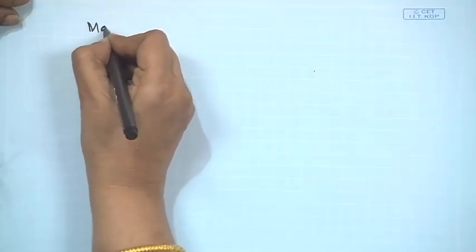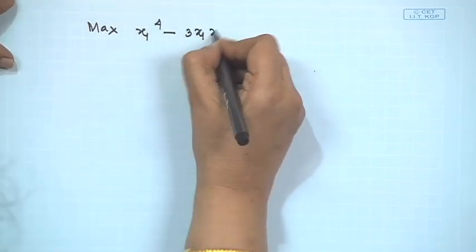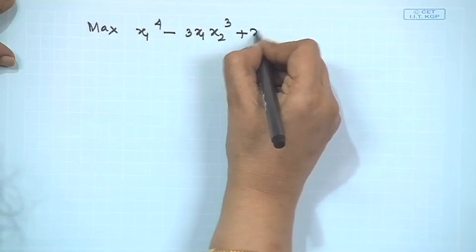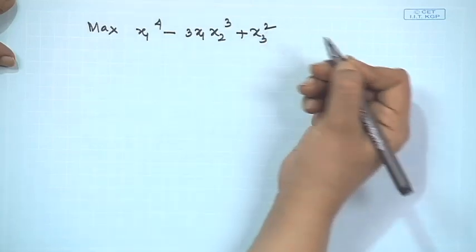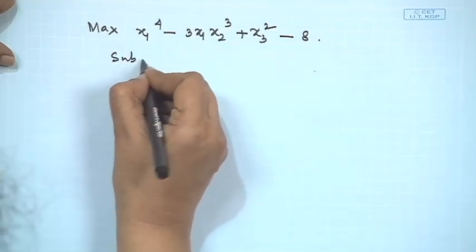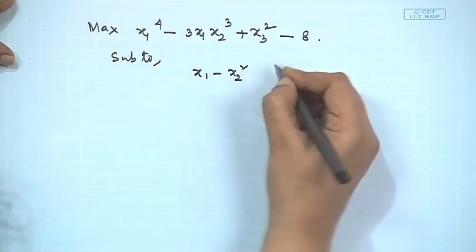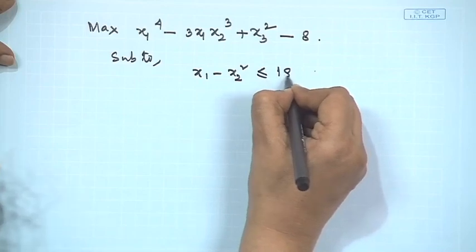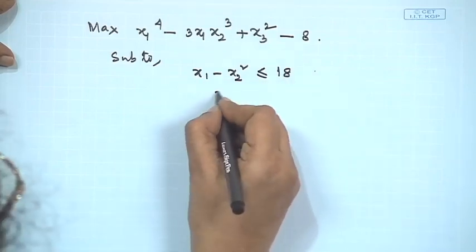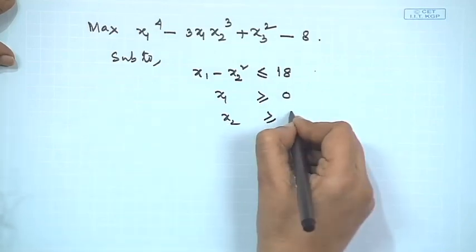Now, what I suggest is that you consider another problem to solve, that is the maximization of x1 to the power 4 minus 3 x1 x2 cube plus x3 cube. There are 3 variables together and the constraints are, subject to x1 minus x2 square less than or equal to 18, x1 greater than or equal to 0, x2 greater than or equal to 0.